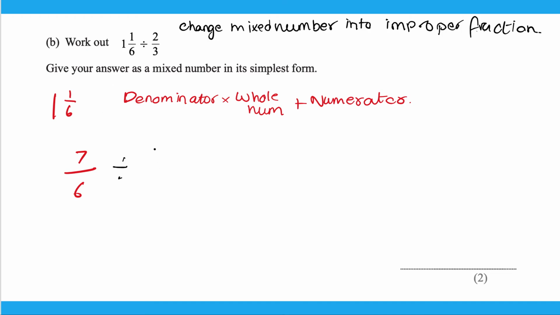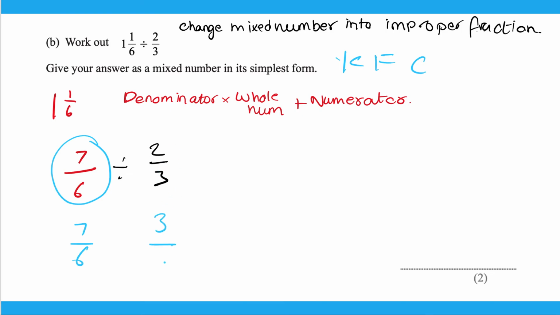We can add the rest of the question in. So we have 7/6 divided by 2/3. Now remember our key rule, which is KFC. You keep the first number, you don't change it, you flip the next fraction, so this is going to become 3/2, and then you change your sign into a multiply sign.